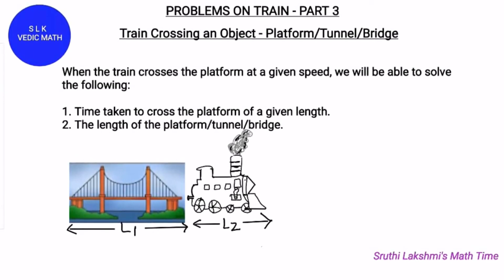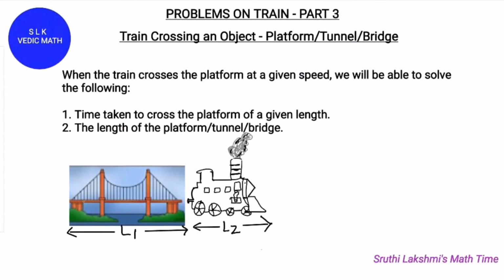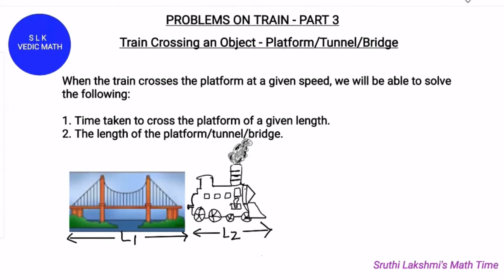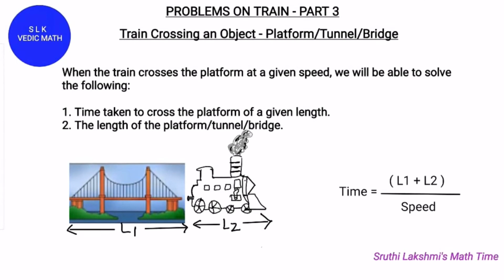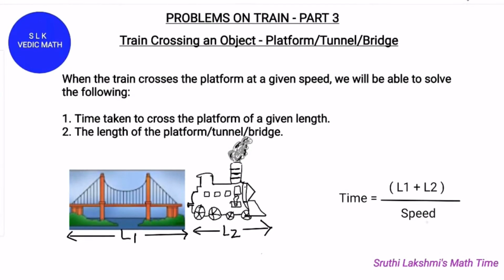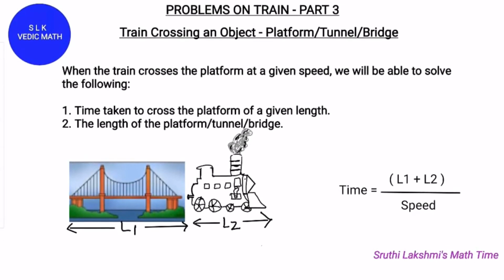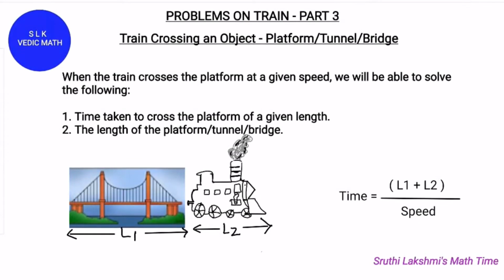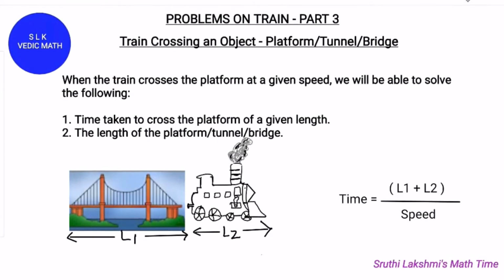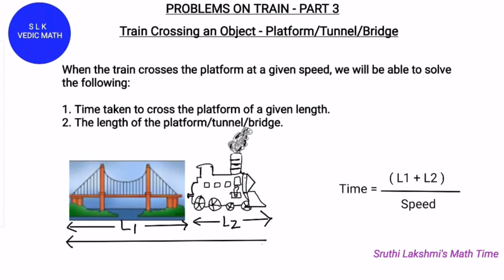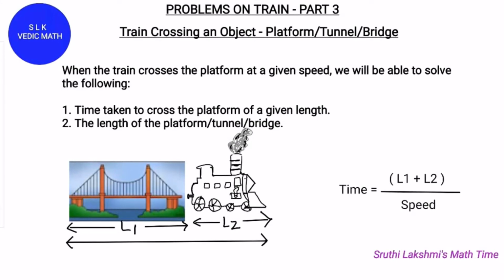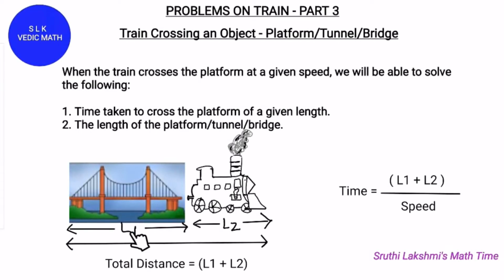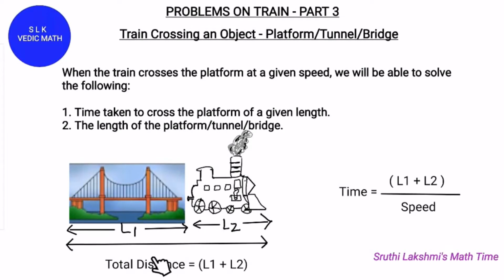The time taken by the train to cross the bridge is calculated from the distance covered by the train over the given speed of the train. Now the distance covered by the train is the sum of the length of the bridge and the length of the train as shown here. So L1 plus L2 is the total distance.